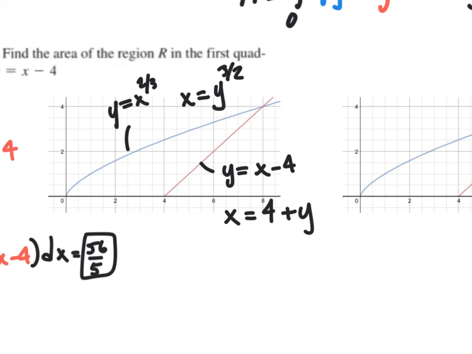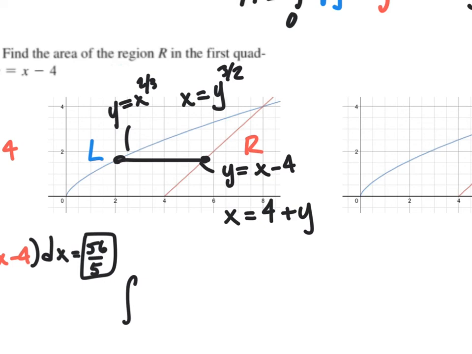Now if I draw my slice horizontally, this is my right function and this is my left function. I have to think about my bounds for y: I go from 0 all the way up to 4.